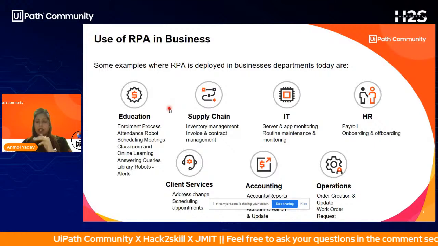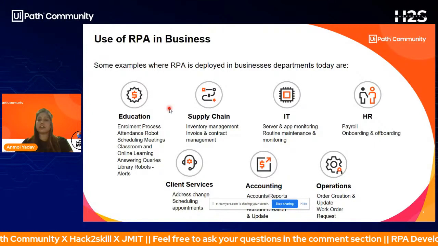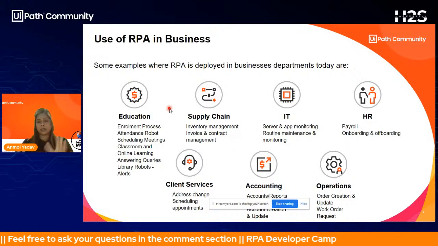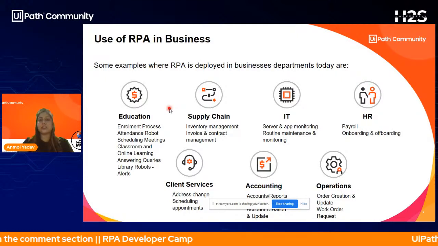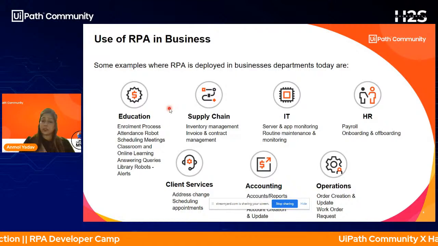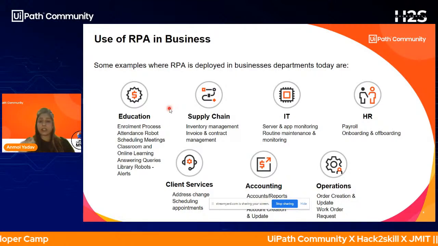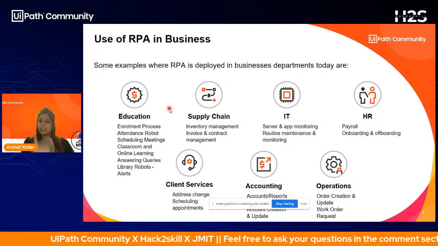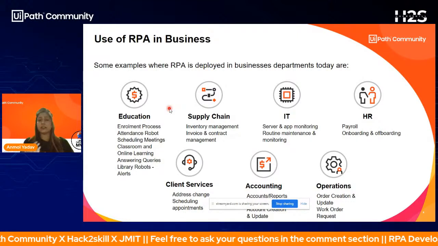If the response is coming, the server is working fine. But if the response is not coming within a particular time frame, the server is down. So instead of a human sitting and checking every hour whether the server is up and running, a robot can be placed in that position to hit the URL every time and see whether the response is coming or not.